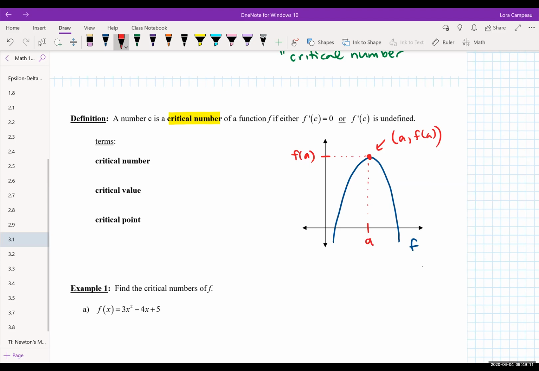So to be specific, critical number, in our case, will be known as the a, and that is the x coordinate. Now, critical value is the value of the function at x equals a. It makes sense the way they define it. That is f of a, and that is the y coordinate.